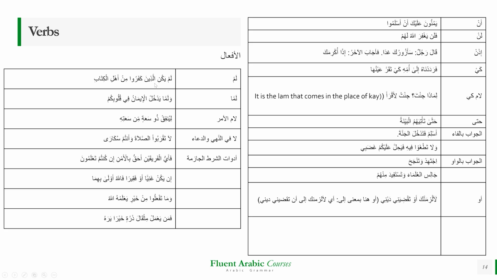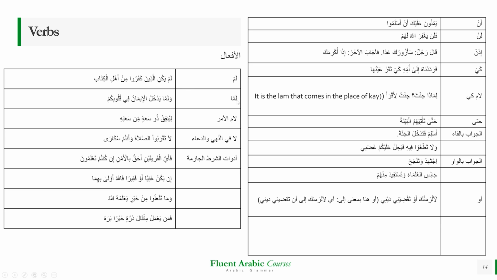But according to the rules of Arabic, when two sukoons come together, the word after it starts with a sukoon here. So lam yakun and another sukoon. So how do we read it? If two sukoons come together, we have to make some changes in order to read it. And in this situation, what we do is we give it a kasrah. So it becomes لم يكن الذين كفروا من أهل الكتاب.